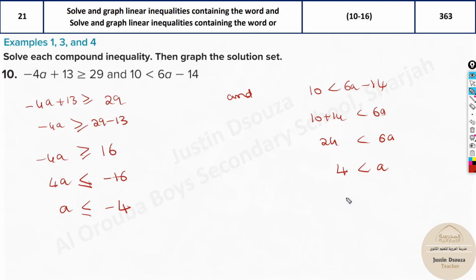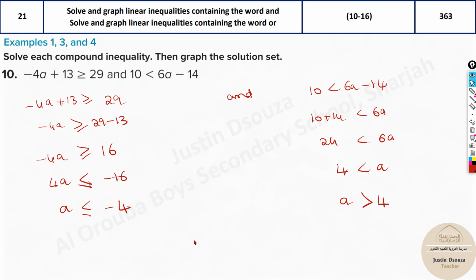We'll just write the same thing. A greater than 4. That's it. We have just rewritten this. Now here, the inequality flipped because we changed the sign throughout. But here it's not the case. We just have written it, the variable first, the number next. A was greater than 4 or 4 is less than a. The same thing remains here.